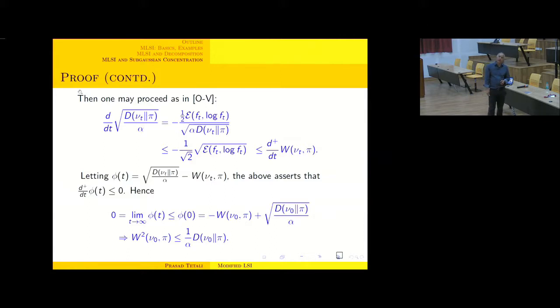We prove something about the derivatives, that this W guy's derivative is faster than the other one. At time t equals infinity, both are 0 because nu t is equal to pi. So both Wasserstein and relative entropy are 0 at time infinity. The derivative of one is faster than the other, so at time 0, this must have been smaller than the other one. And that's this statement. That's the high-level idea.